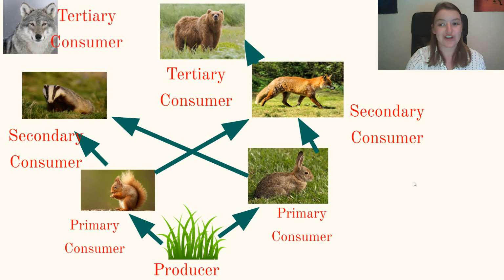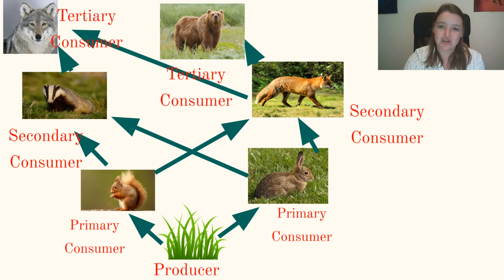However, we have got a grey wolf as our tertiary consumer who sits quite high at the top of our food chain, and he will eat both badgers and foxes. So energy is transferred from our secondary consumers to our tertiary consumers, the grey wolf and the bear.